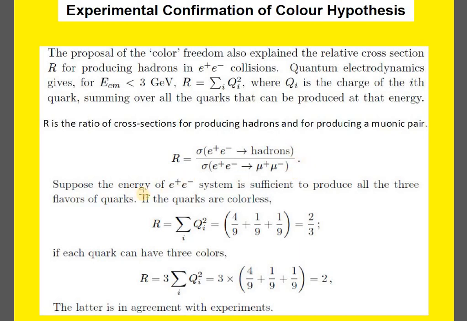Now suppose the energy of the e plus e minus system is sufficient to produce all three flavors of quarks, and right now we are talking about just the u, d and s quarks. If the quarks are colorless, then R is equal to 2 by 3. And if the quarks have 3 colors, then the value of R is 2.